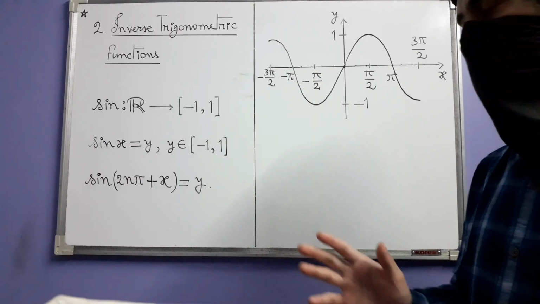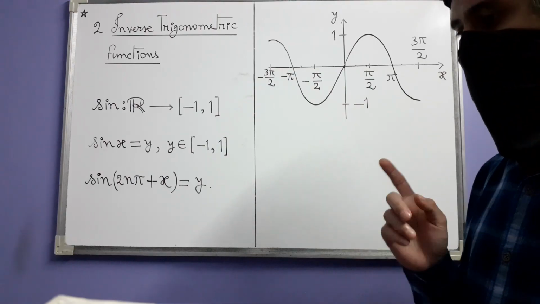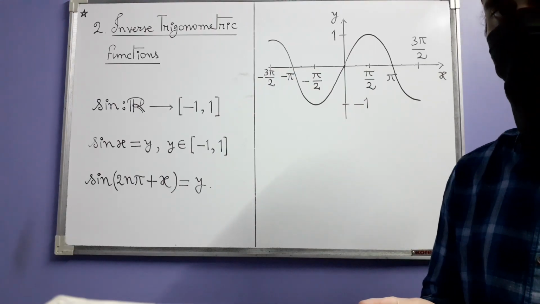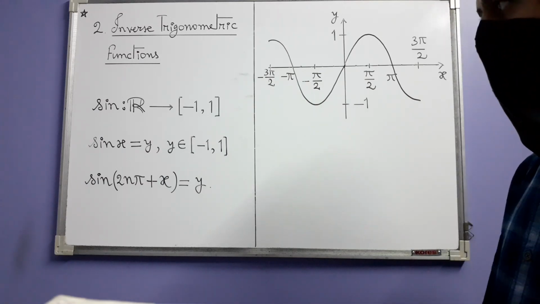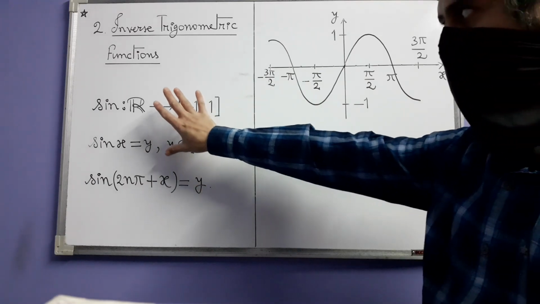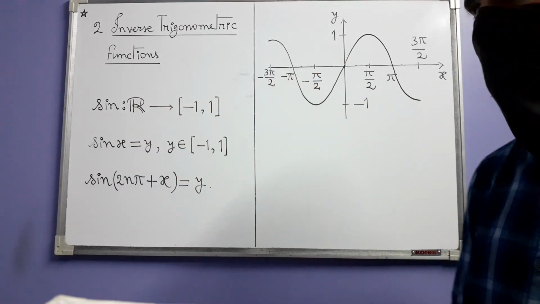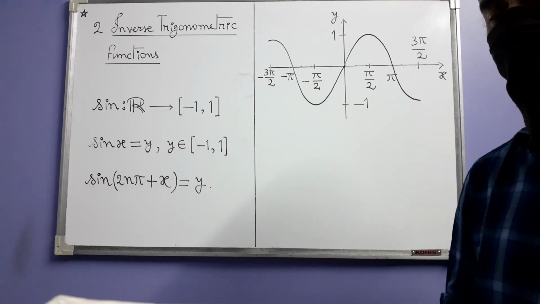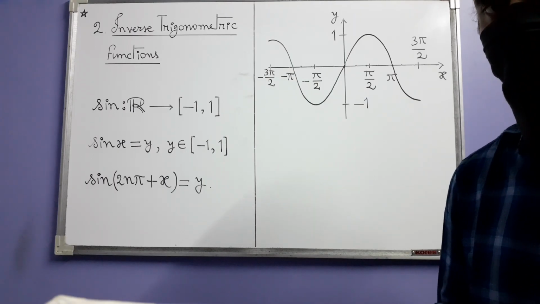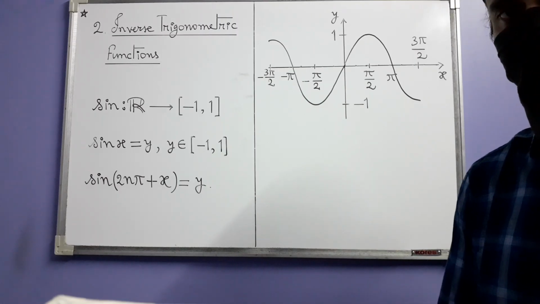But we already know from our knowledge of inverse functions that only one-one and onto functions, that is only bijective functions, have inverses. So our sine in this ordinary form does not have an inverse. But can we do something to the function so that it becomes one-one and that modification has an inverse?